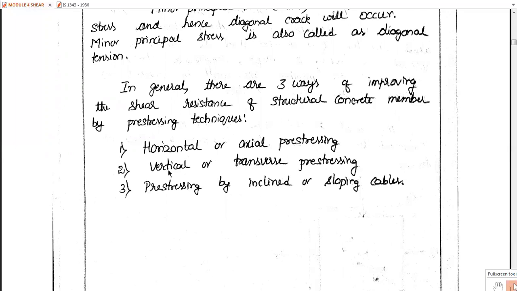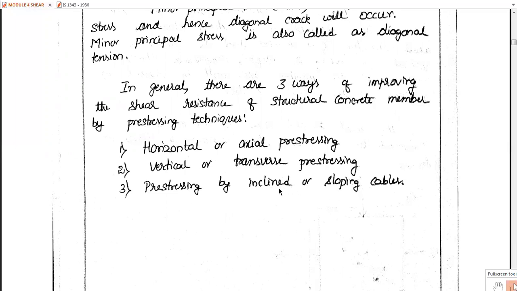Then he is telling about vertical or transverse pre-stressing. Means in the vertical direction, perpendicular to the longitudinal axis of the member, we can do additional pre-stressing. That is vertical or transverse pre-stressing. And the third one is pre-stressing by inclined or sloping cables. Inclined means I have seen the parabolic cables, circular cables.